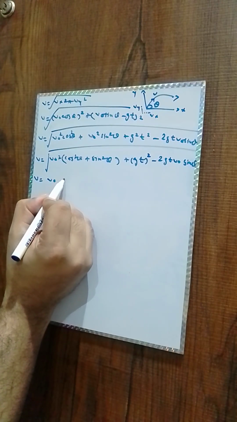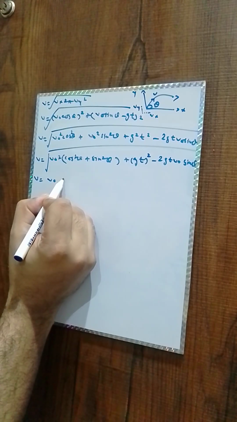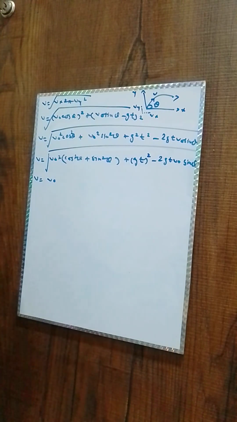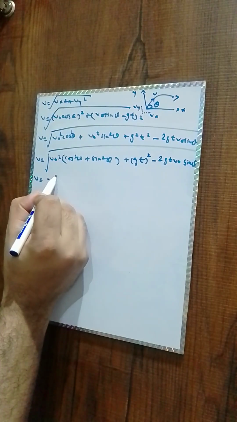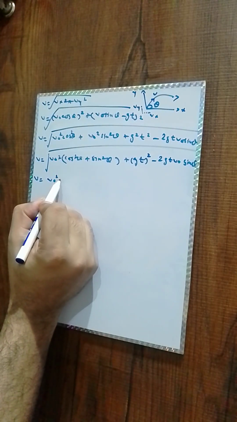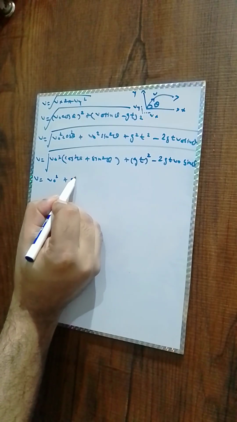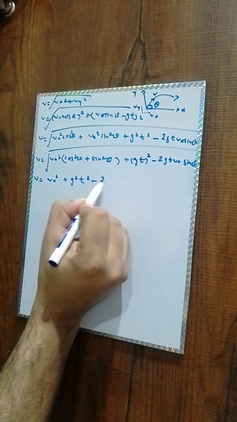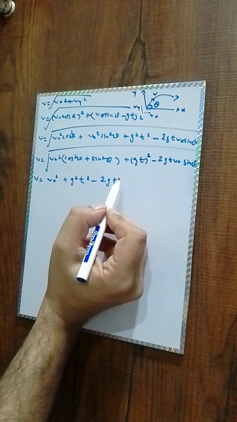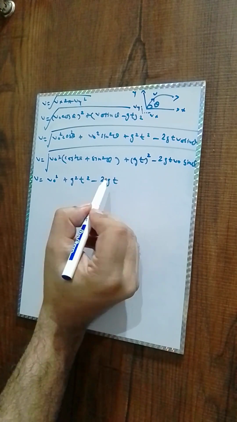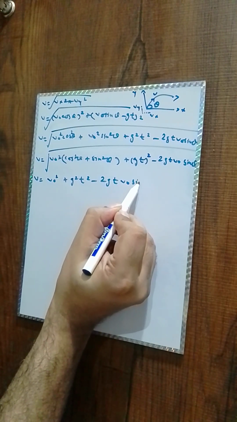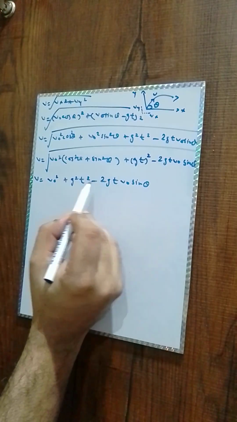So we're left with v naught square plus g square t square minus 2gt v naught sine theta.